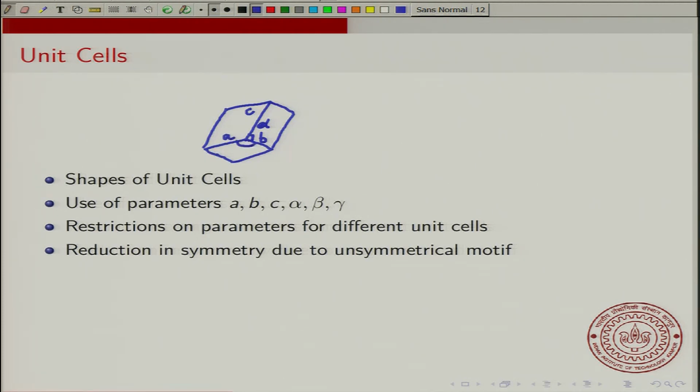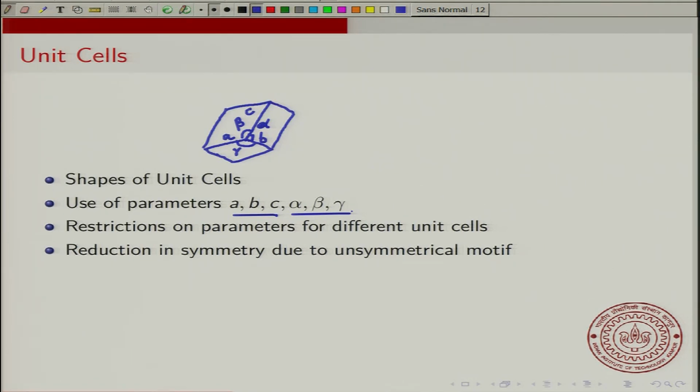Between A and B we called it gamma, and between A and C we called it beta. So we had these 3 angles, alpha, beta, gamma, and these 3 cell parameters A, B, C. A, B, C are 3 lengths. So these 3 lengths and 3 angles can be used to specify the shape of the unit cell.